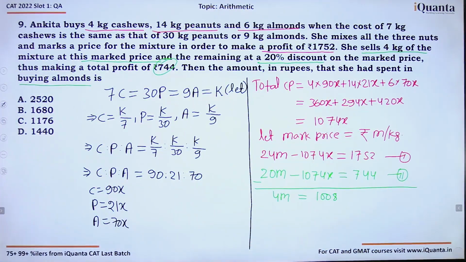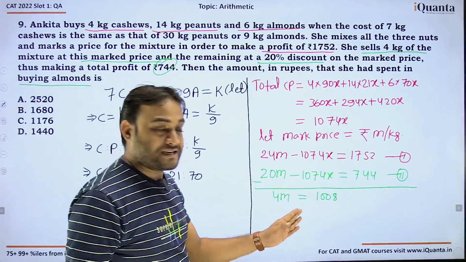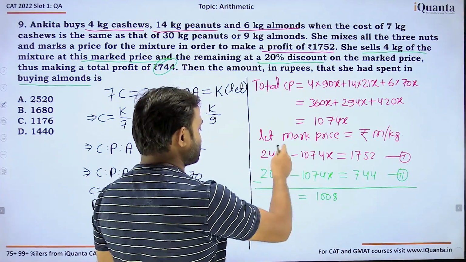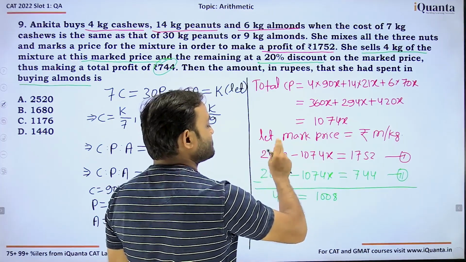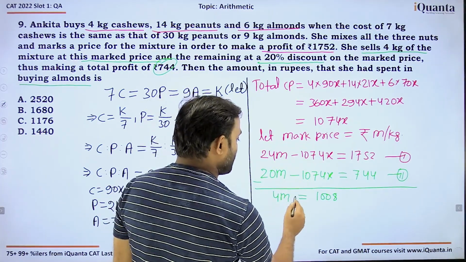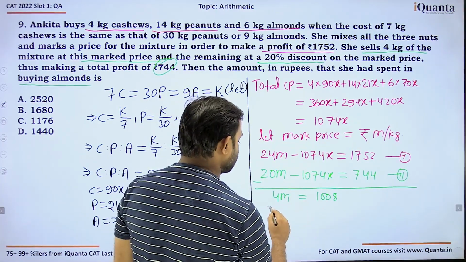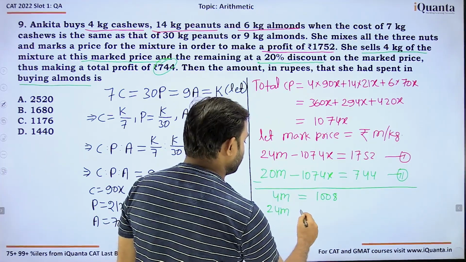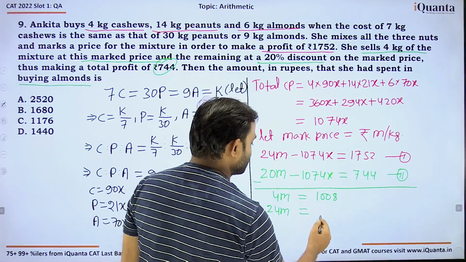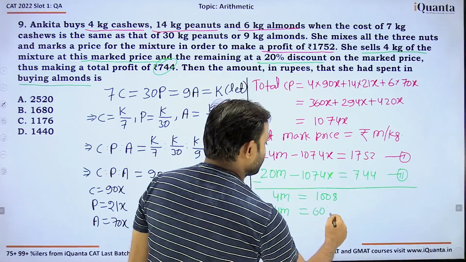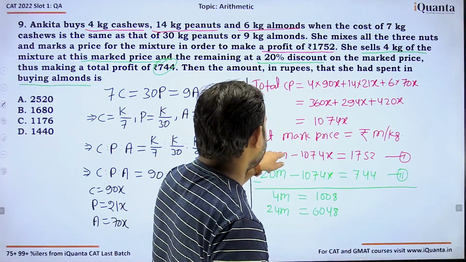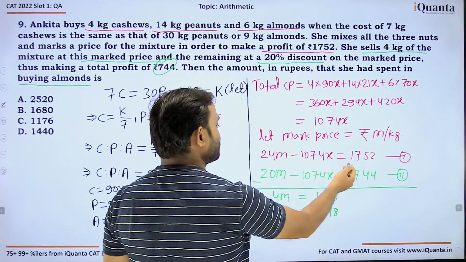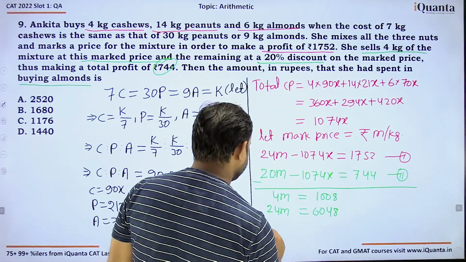So we need to find the value of x. How can we find the value of x? By putting the value of m here or here. So 4m is equal to 1008, so we can say 24m will be equal to 6 times this, which is 6048. Now we can put the value of 24m here. We get 1074x.